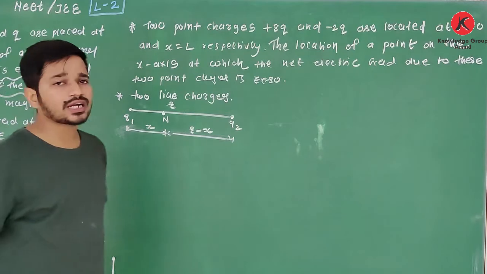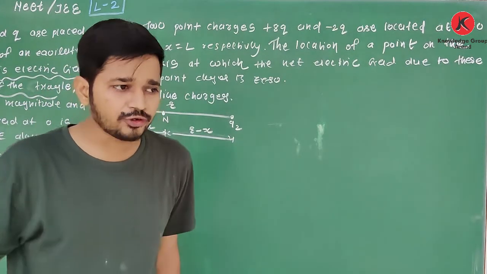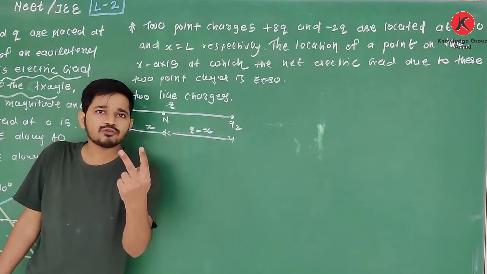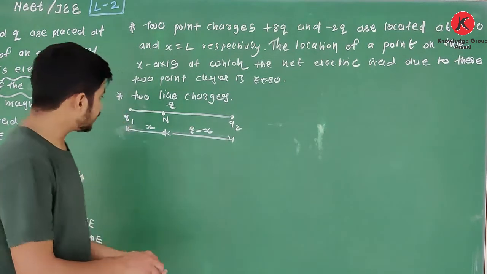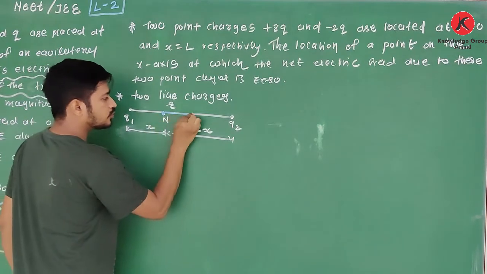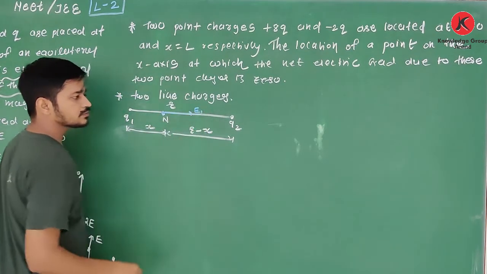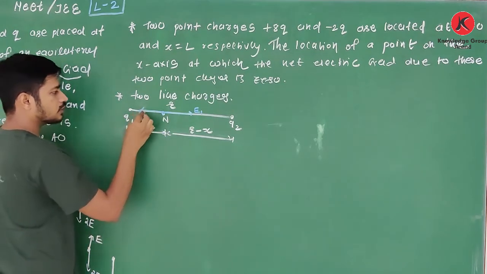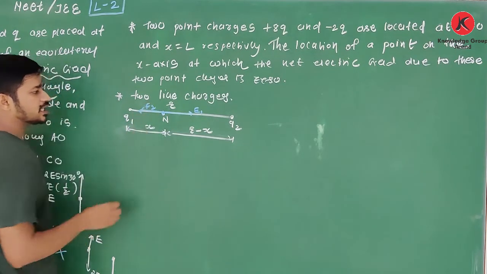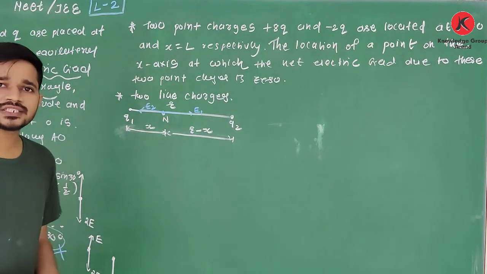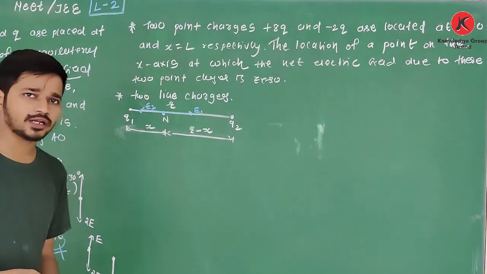Now, electric field is a vector quantity and it becomes 0 when the two electric fields are of equal magnitude and opposite direction. As Q1 is a positive charge, at this point the electric field due to it, E1, is away. Q2 is also a positive charge, so the electric field due to it is also away. So the direction is opposite. If their magnitudes are equal, then at this point the electric field will become 0.